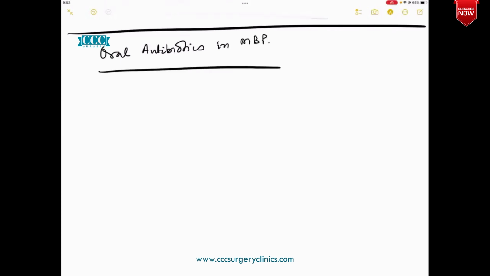Now, when you talk about oral antibiotics in the mechanical bowel preparation, the basic logic is very simple. That means not only is the mechanical cleaning of bacteria required, you need to also give some antibiotics. Now, the most preferred regime, called the Nichols regime, was adding neomycin and erythromycin.